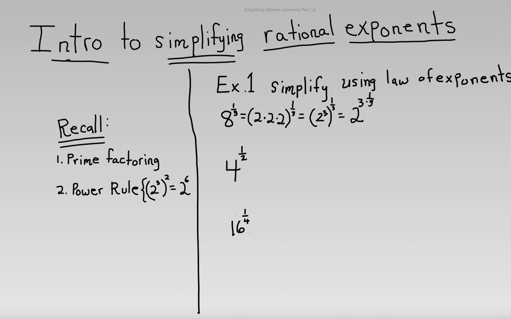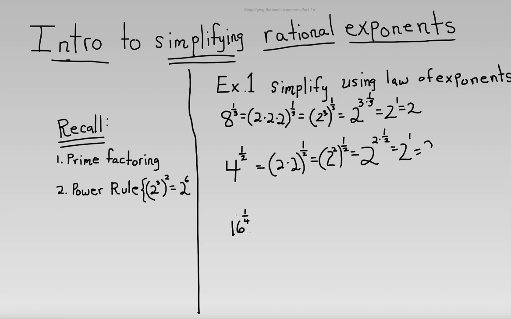So this is 2 to the 3 times 1/3, which is 2 to the 1st power, or simply 2. Now 4 to the 1/2, 4 is 2 times 2, which is 2 squared to the 1/2, which is 2 to the 2 times 1/2, which is 2 to the 1, or simply 2.